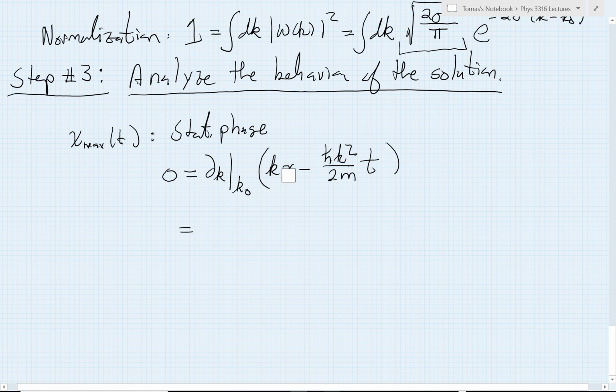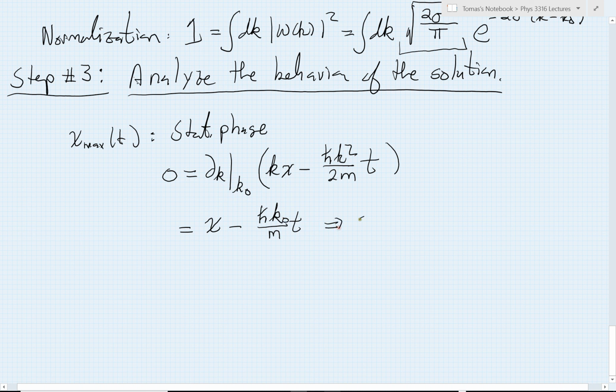The first term just gives me x, so this is the relation that will give me the peak position. Then I have minus the derivative with respect to k, which gives me an h bar k, there's a 2 that comes out, so divided by m, and then times t. But this is evaluated at my peak position, k naught, right?